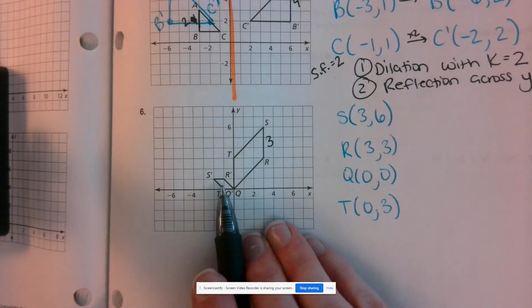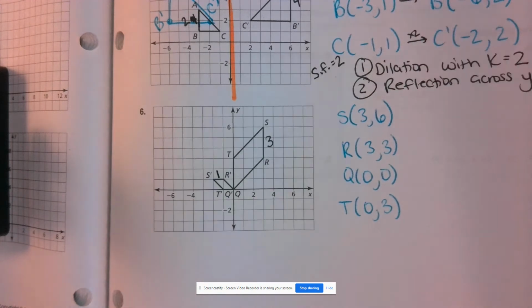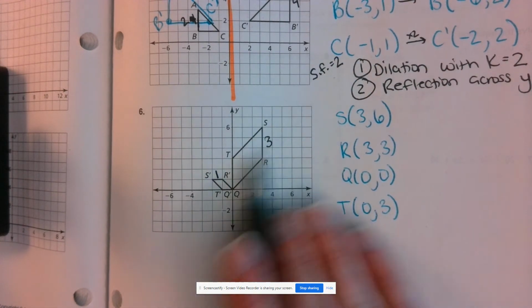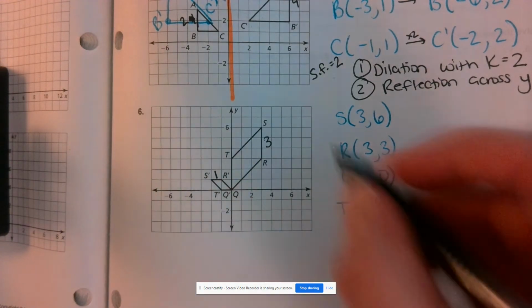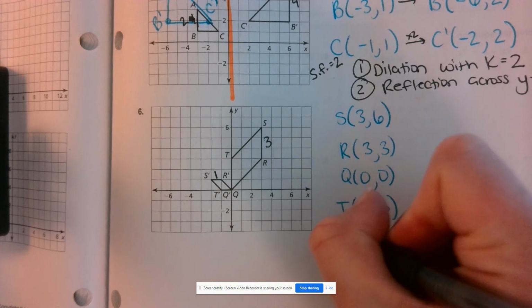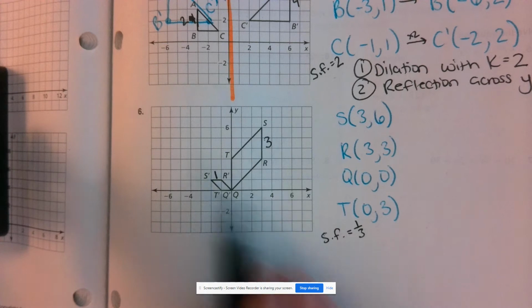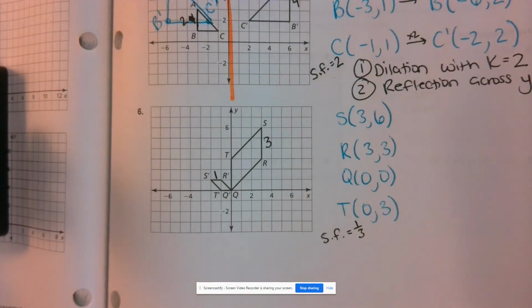Its corresponding side, S prime R prime, has a length of 1. So my scale factor in this dilation, to go from 3 to 1, I have to multiply 3 by 1/3. 3 times 1/3 is 1. So my scale factor in this dilation is 1/3.